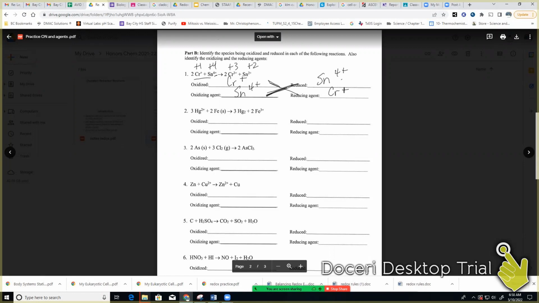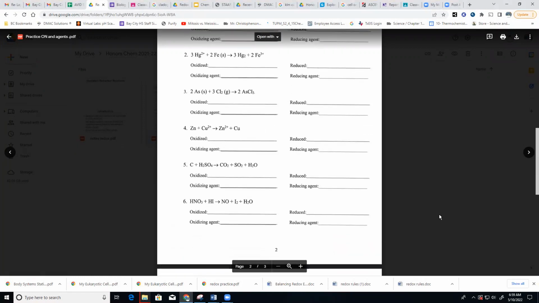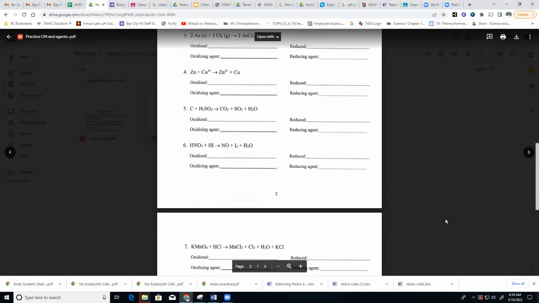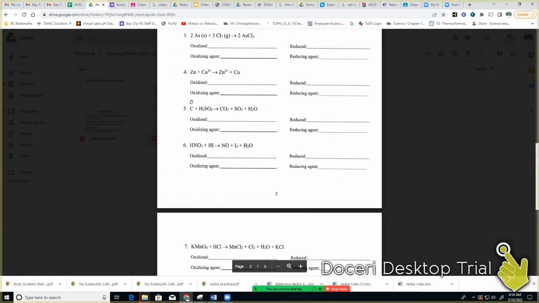All right, I'm going to come down and let's look at number 5. I was trying to find one that had a little bit more work in it. Some of those at the top are pretty easy. So let's look at this one, number 5. Once again, this is 0 by itself, and then it becomes part of a compound. I know that it's going to change. It can't be 0 in a compound.